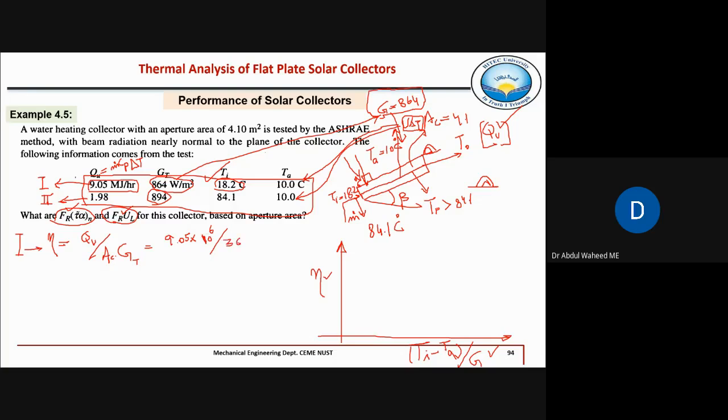That's why we divide by 3600, because this G is given in watts, joules per second, so this should be in joules per second also. Okay, it is megajoules per hour. I was initially thinking it is megajoules.